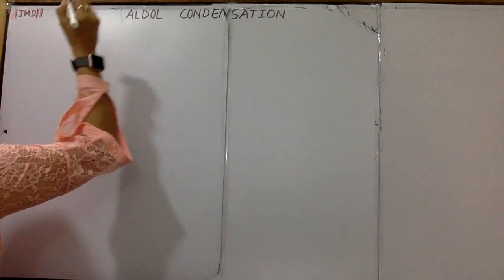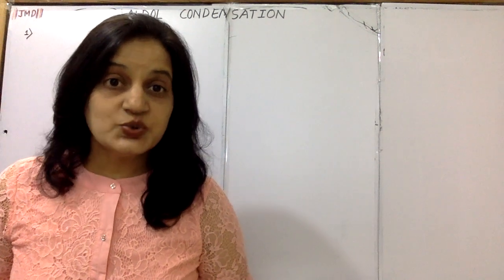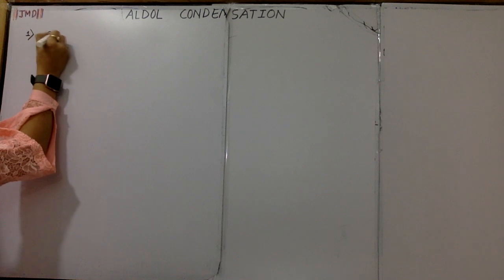Now, the very first thing, what are those conditions which are required for this reaction, that is aldol condensation, to happen? The very first thing is the molecule must have alpha hydrogen.